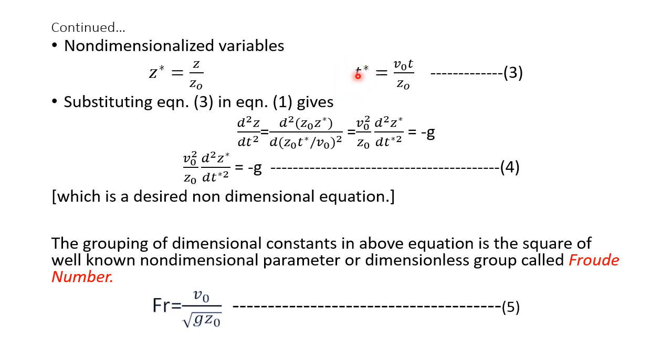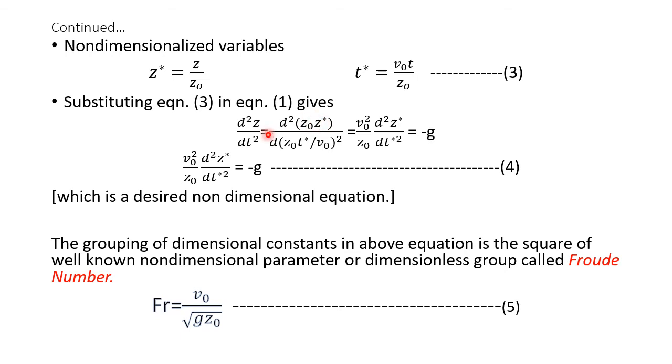Now I have the initial equation, d square z by dt square is equal to minus g. Wherever z is there, I substitute z equal to z star into z0. So I replace z by z0 into z star.